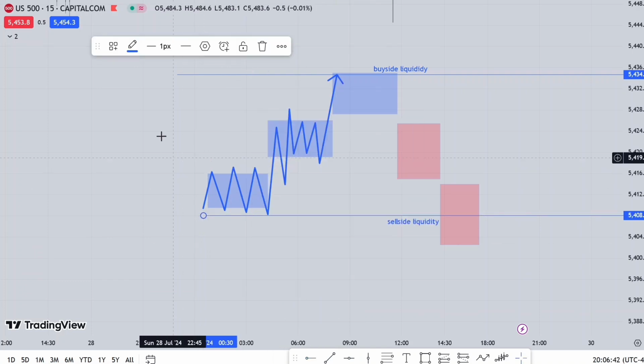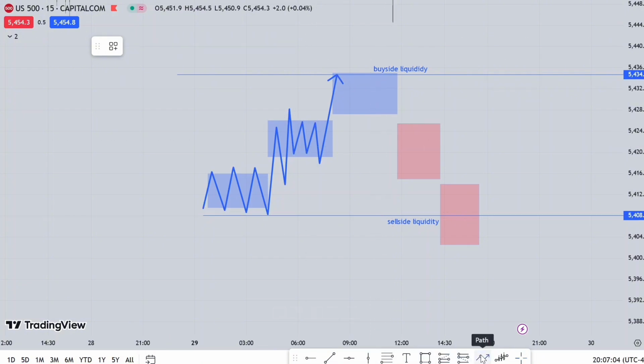These market maker models, it is how the algorithm operates in its phases to accumulate price to go higher for buy side delivery, and also to distribute price to go lower for sell side delivery of price.